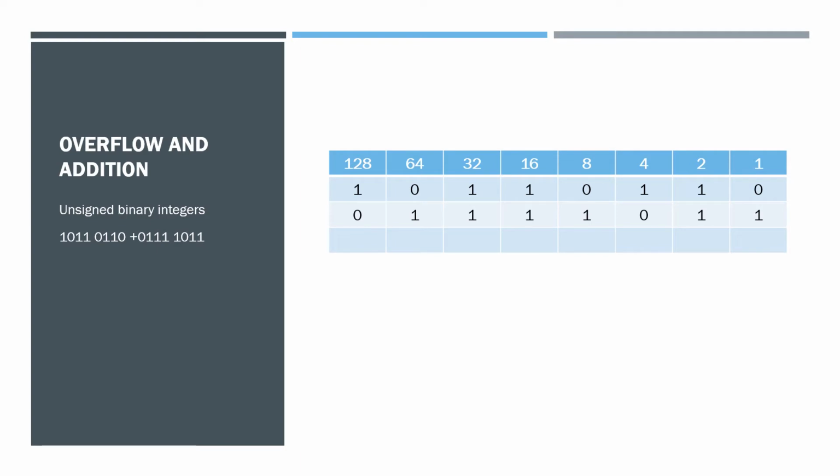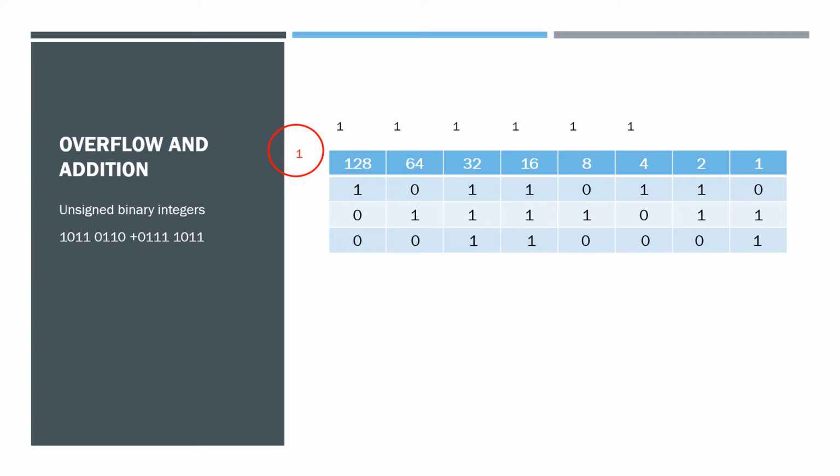And here are two numbers. They both fit happily into the available space, but when we add them up, 0 and 1 is 1, 1 and 1 is 0 and carry 1, 1 and 1 is 0 and carry 1, 1 and 1 is 0 and carry 1, 3 ones are 1 and carry 1, 1 and carry 1, 0 and carry 1, 0, and yes, you know it, carry 1, and there's nowhere to carry that 1 to.